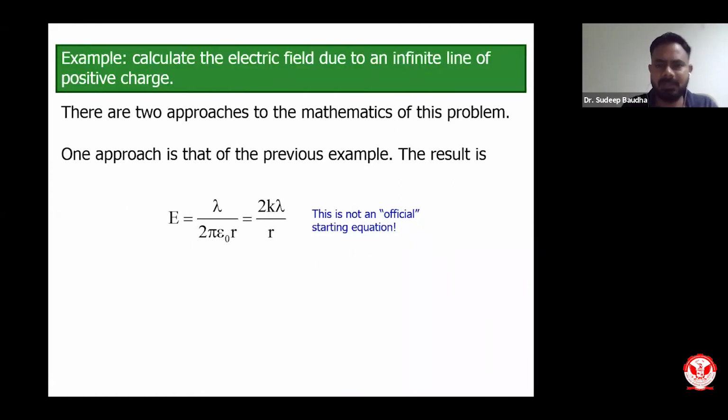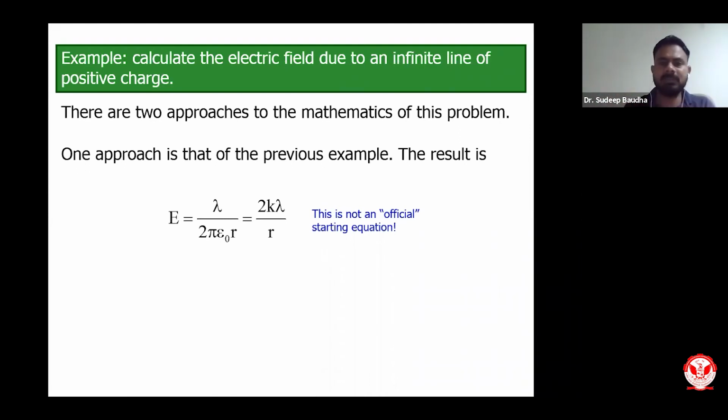So I hope we have seen three cases. First, we found the electric field due to a finite rod at a perpendicular bisector. Second, we found the electric field along the horizontal line of the rod which has a length L. And third, we found the electric field due to an infinite line of positive charge at a point P, located at a distance R from that infinite line.